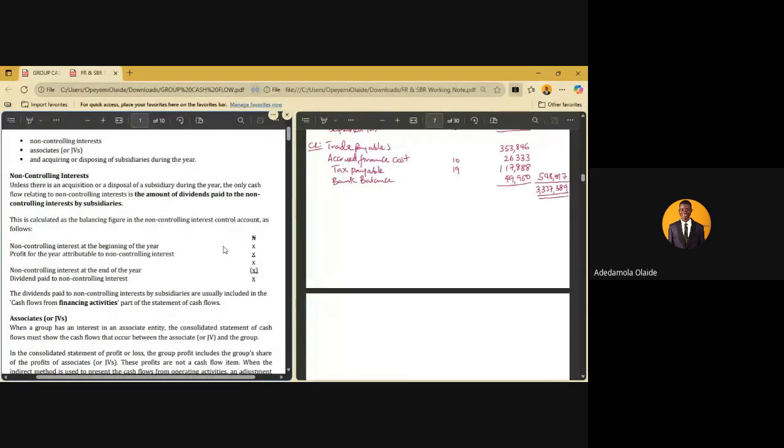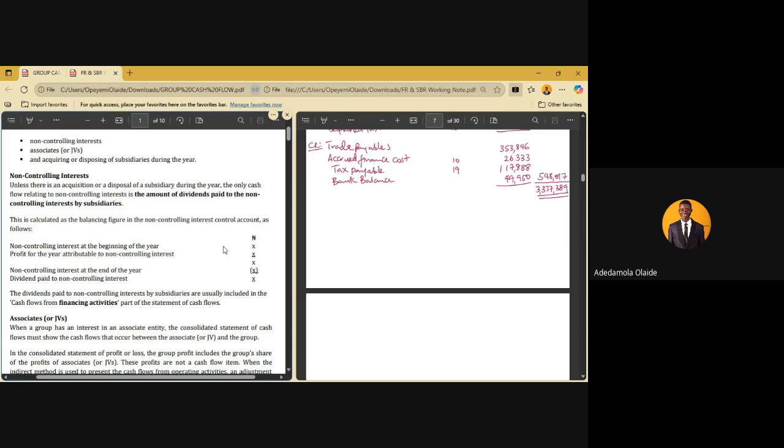The issue we will have with non-controlling interest is determining the dividend paid to the non-controlling interest during the year. The subsidiary entity might have declared dividend during the year, and a portion of the dividend will be paid to the parent based on their percentage of holding. That remaining portion will be paid to the NCI.